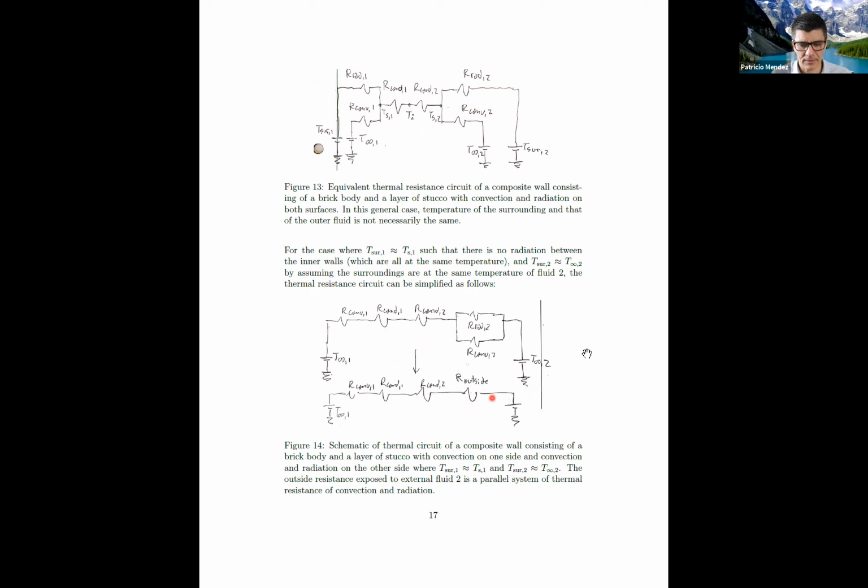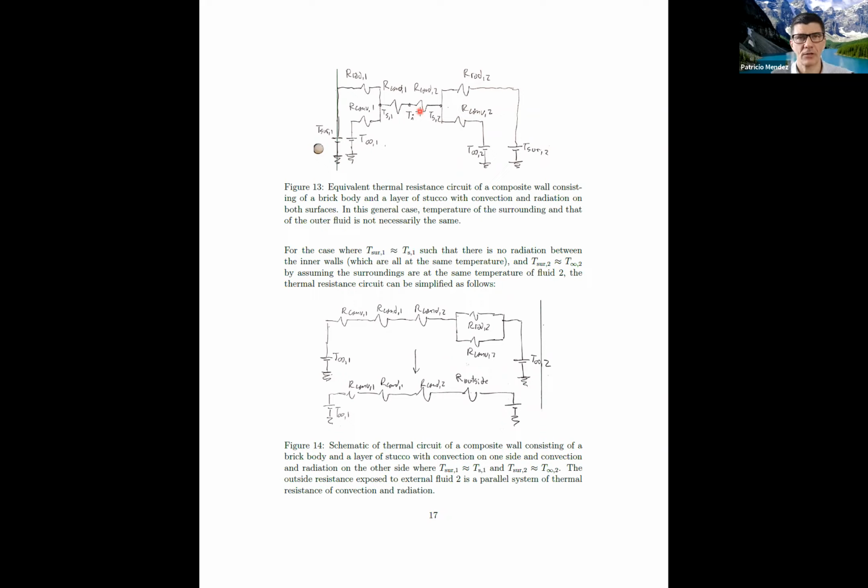So in a schematic such as this, we have a wall that has two layers of solid material, with convection inside and outside, and radiation inside and outside. A single wall, you can see, can be quite complex. And this is even using the concept of thermal resistance.